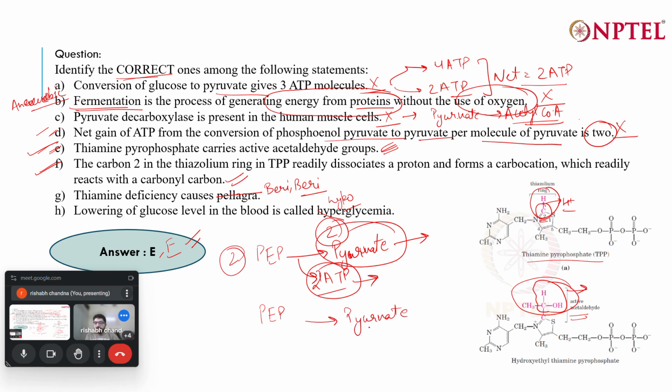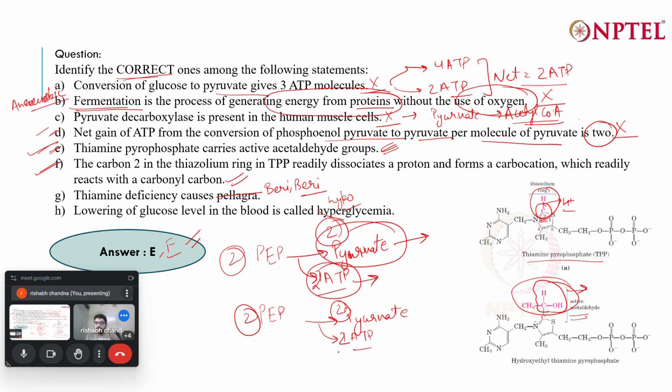So one molecule of phosphoenol pyruvate yields one molecule of pyruvate. Now it releases one molecule of ATP in this reaction. Okay. Now, for one glucose molecule, if we consider, there would be two molecules of phosphoenol pyruvate and two molecules of pyruvate that are formed with the release of two ATP molecules.